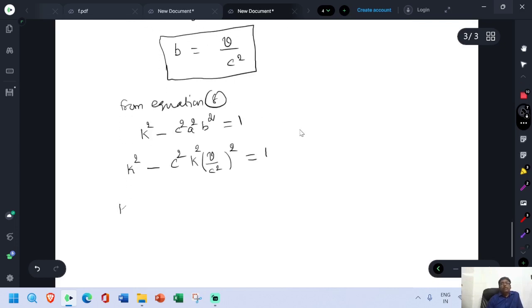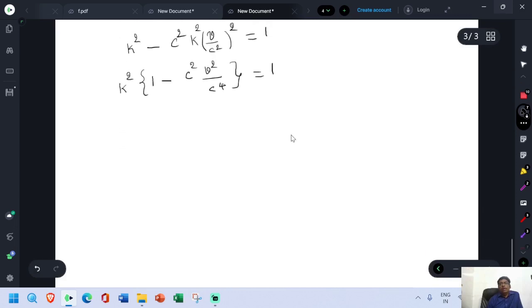Now take this k square as a common term: k square into 1 minus v square by c square, that is equal to 1.